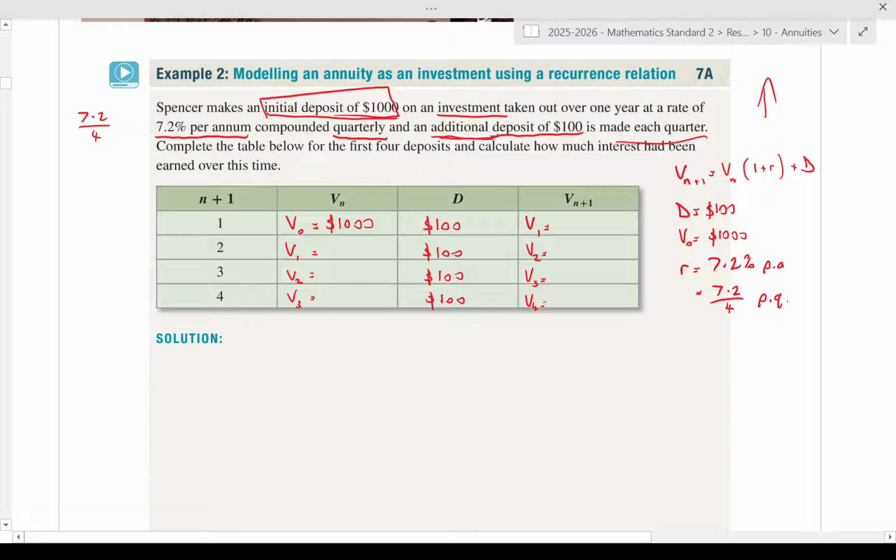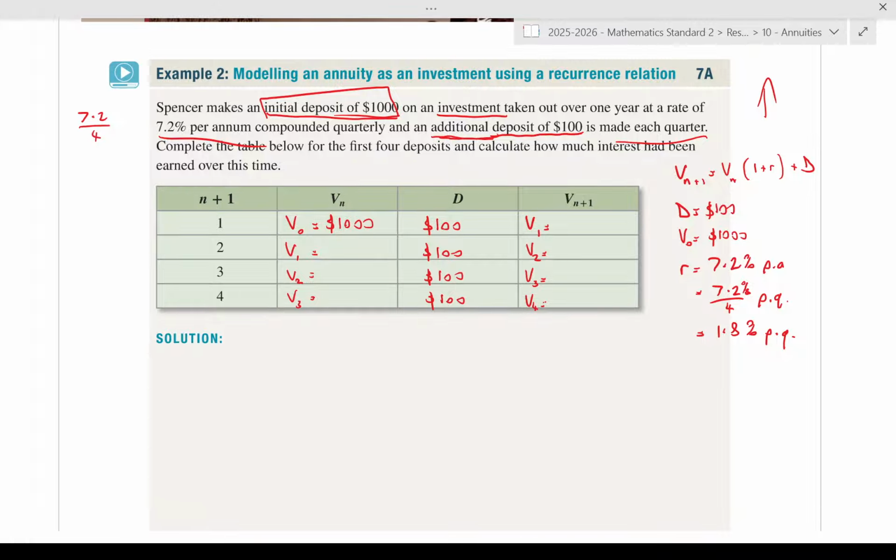So 7.2 divided by 4 will give me 1.8. So I'm using 1.8% per quarter. It's really important that we remember that our interest rate and how often it's compounded have to be the same unit or time frame. This is quarterly, so we had to divide by 4. That's all we really need.